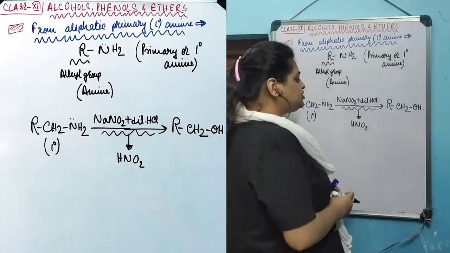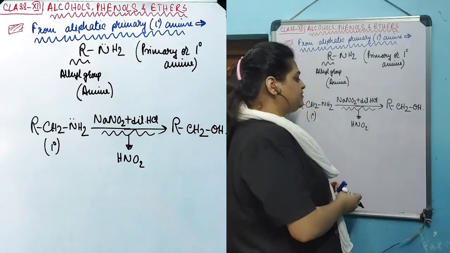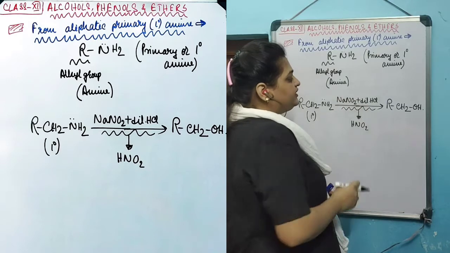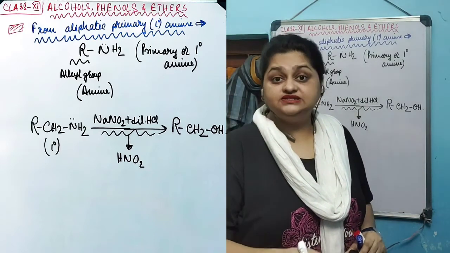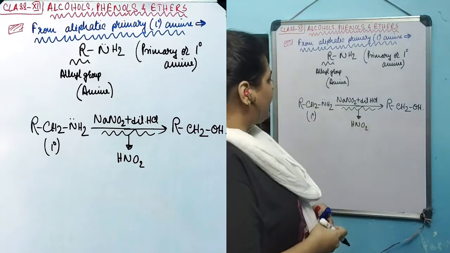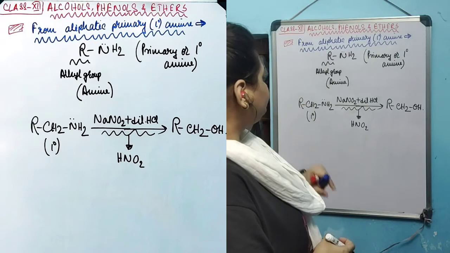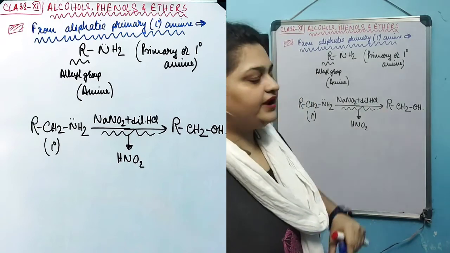But as HNO2 is extremely unstable in nature, it is produced in situ in the reaction medium by mixing NaNO2 and dilute HCl. And then this particular reaction happens where the primary amine is transformed into an alcohol.